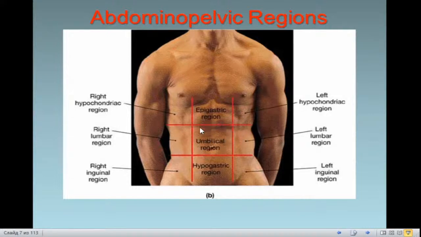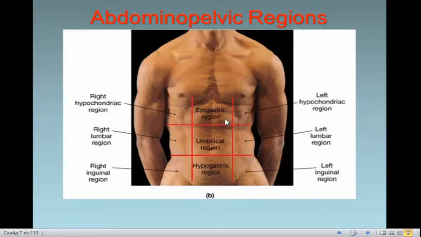What is in the middle is called the umbilical region. The hypogastric region is divided into right inguinal, left inguinal, and pubic region.